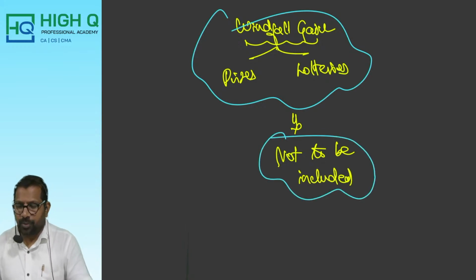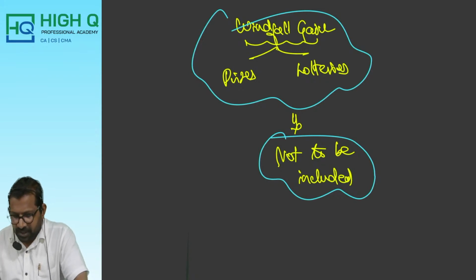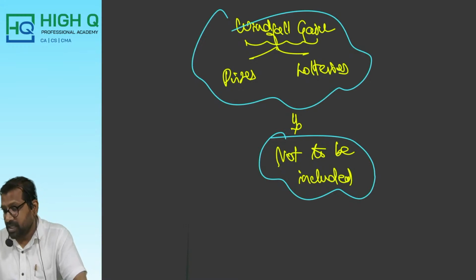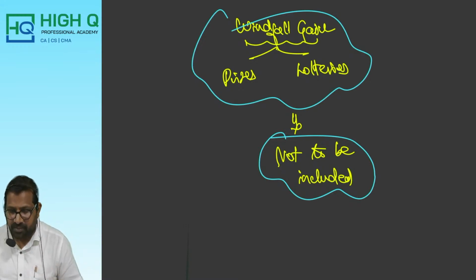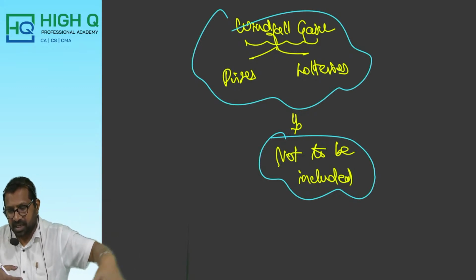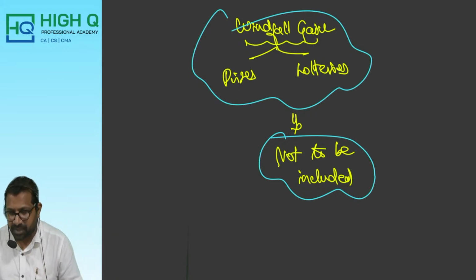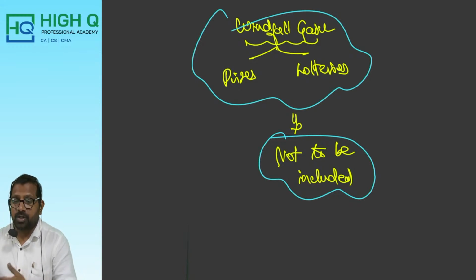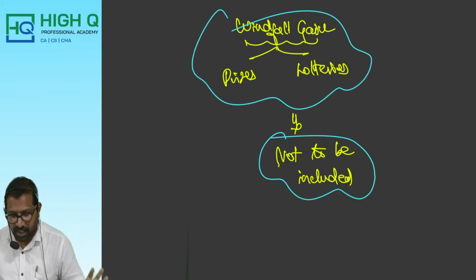Same point, not to be included. So there are 3 points we have discussed under the income method: transfer payment, illegal money earned, and windfall gain. There are various subdivisions, either gift, donation, scholarship, or smuggling or gambling, and prizes or lotteries. All these are examples that commonly come under the income method, but the very important point is that, as precautionary measures, they shall not be included to calculate the measurement of national income.